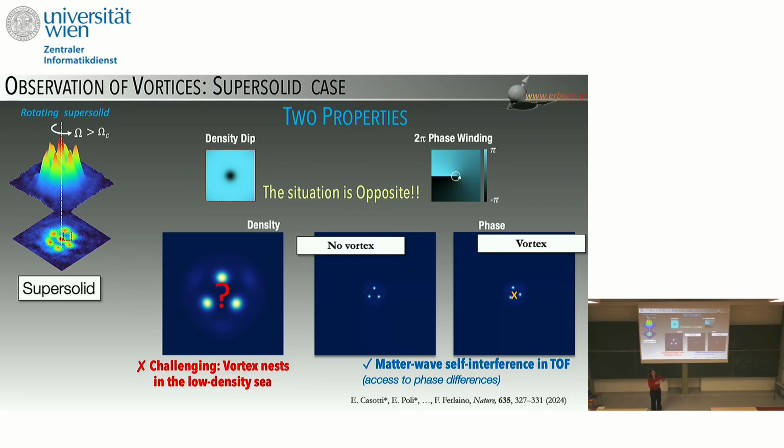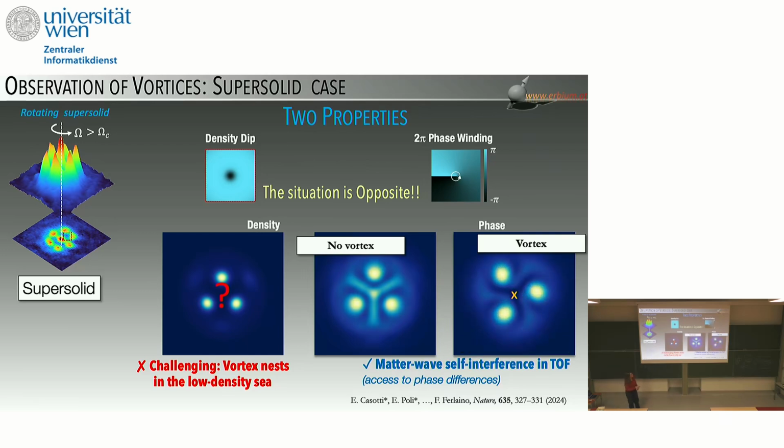But actually what happens is that it's very natural. If you make this system expand, you would have matter wave interference, if you want. And this is really 3 Gaussians, if you want, with a phase relation. If you make the expansion and you don't have a vortex here, you have really matter at the center. While if you have a vortex, the situation is really different. If the vortex is inside, you have destructive interference of matter and a hole in the middle.